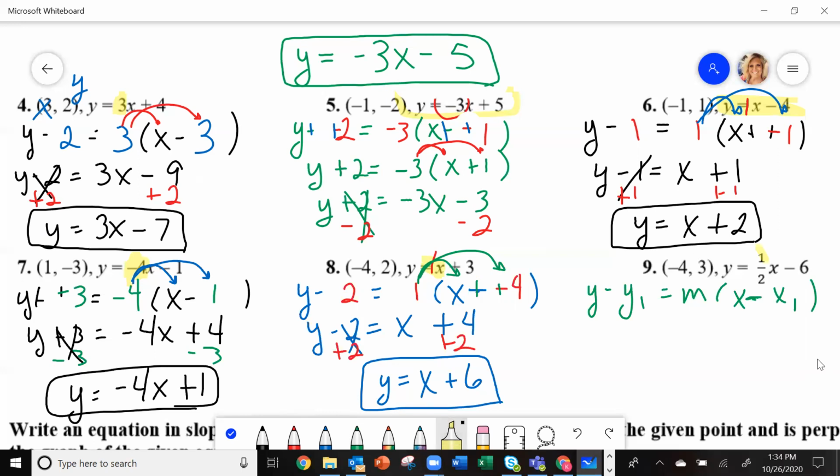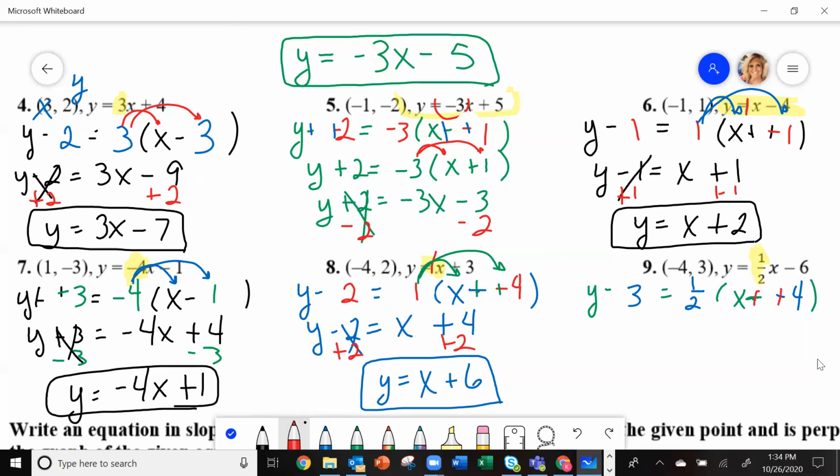Okay, here's my slope. So instead of m, I'm going to put in there 1/2. My x1 number is going to be -4. My y1 number is going to be +3. Are there any minus and negatives? Yes, there are.